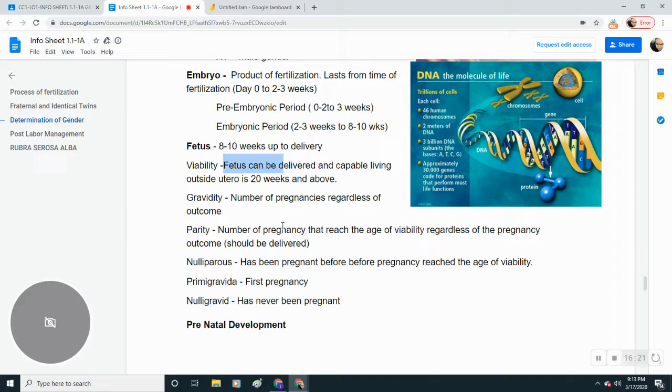Pero I want you to research. I have a question later, an activity for you. I want you to research between 6 to 9 months. What do you think is the most dangerous preterm delivery?